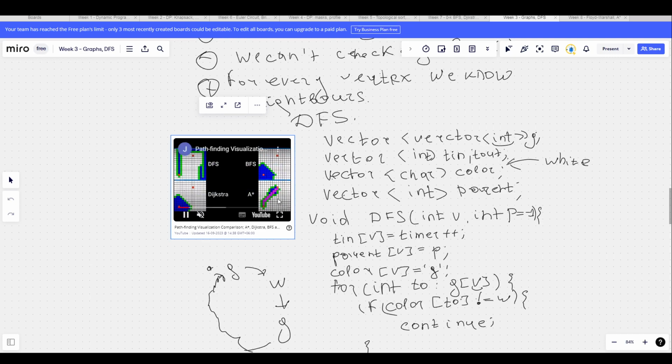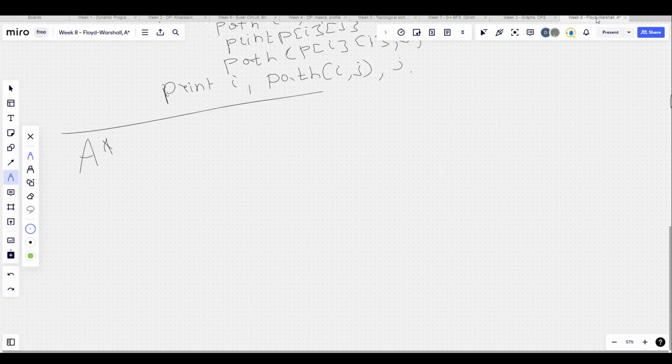A star is used in games and everywhere. To use this algorithm is not universal.